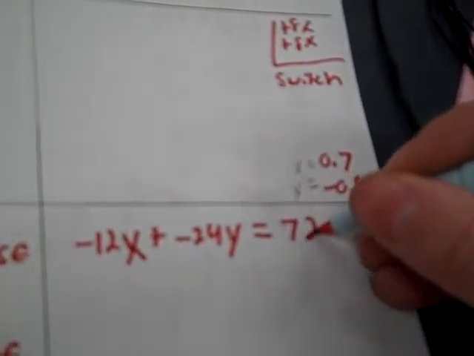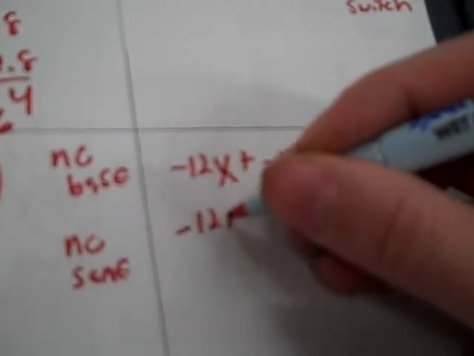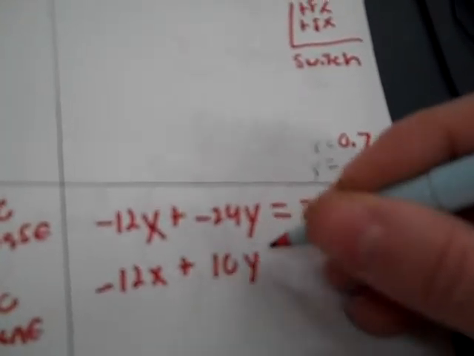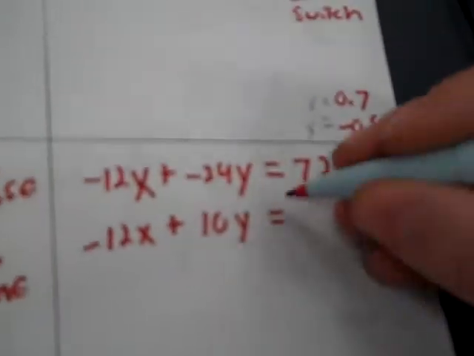Then I take negative 12 times negative 6, and that gives me positive 72. Okay, now here I take negative 6 times 2, that's negative 12 with x. I take 5 times 2, and that is 10 with y. And I take 2 times 2, which is just 4.